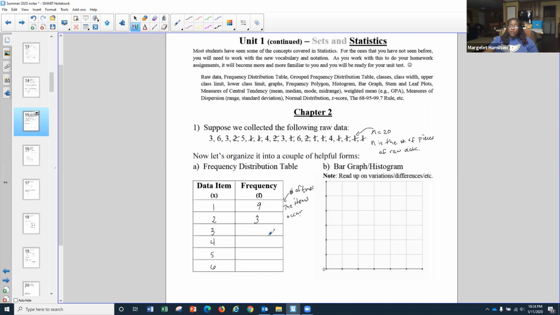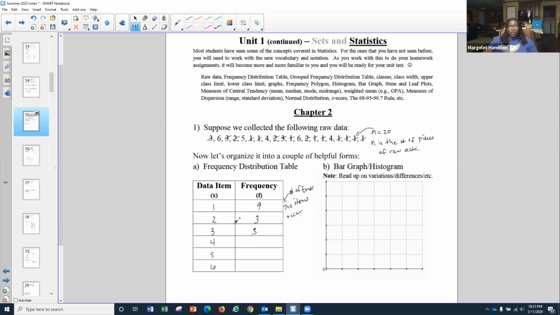Pause the tape here and finish filling in the table, and then come back and we'll check it out. Okay? All right, we should be back now. Let's check our values. We should have found out that 3 occurs 1, 2, 3 times. Did you get that?